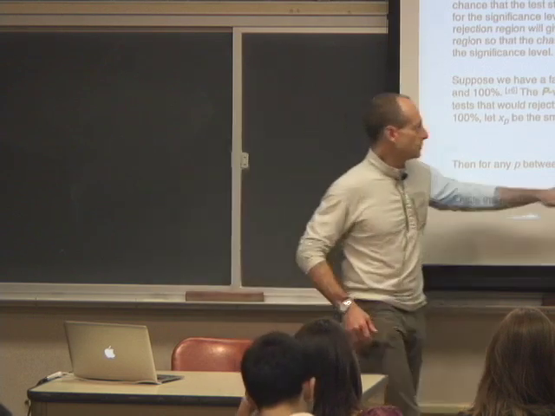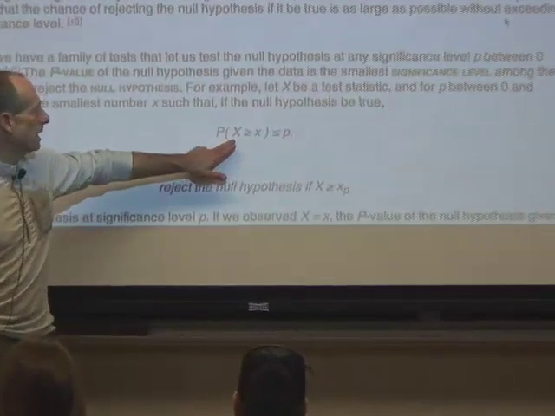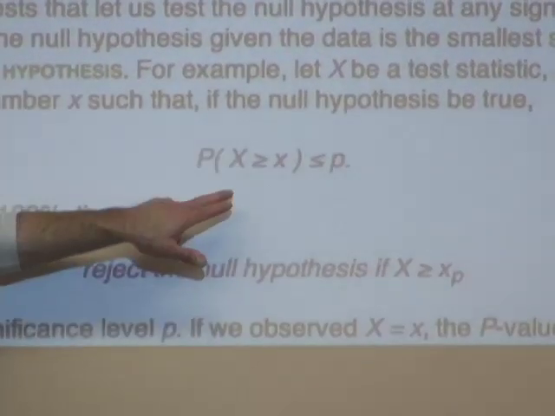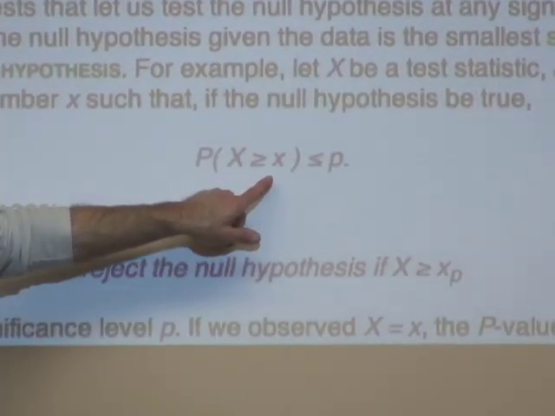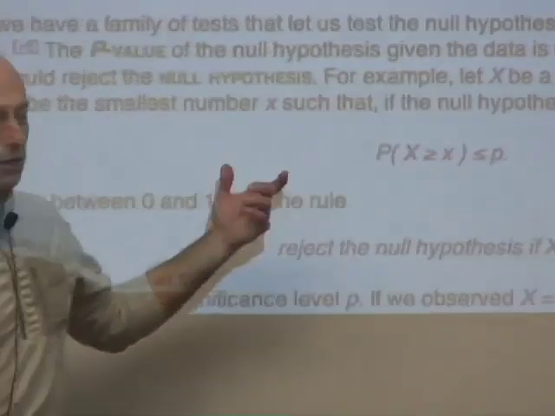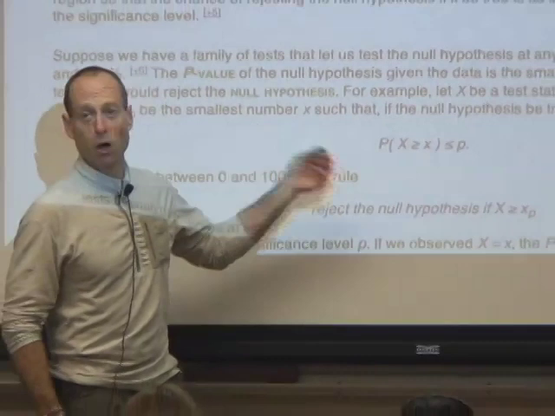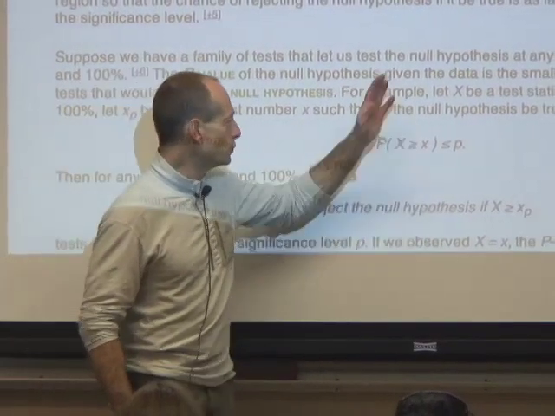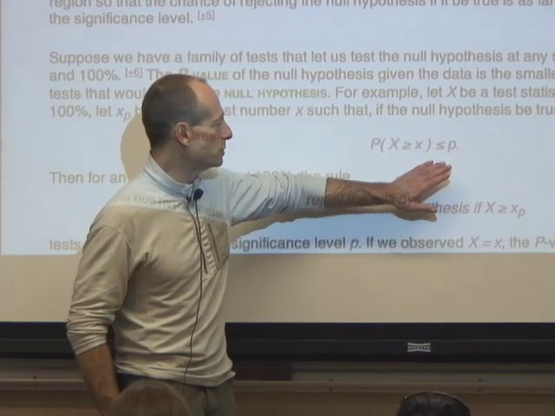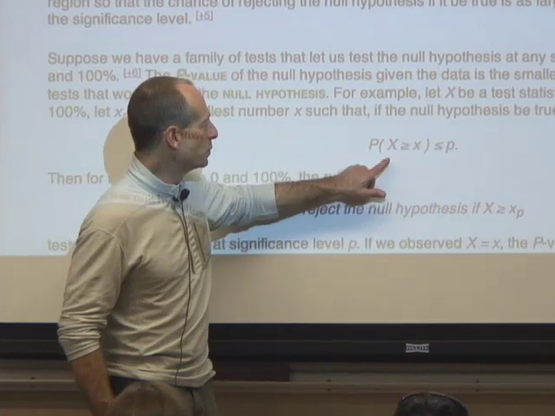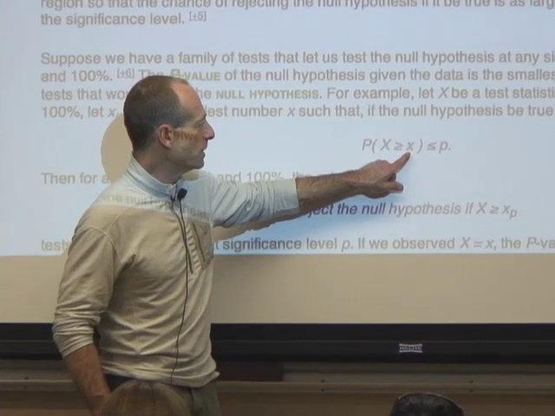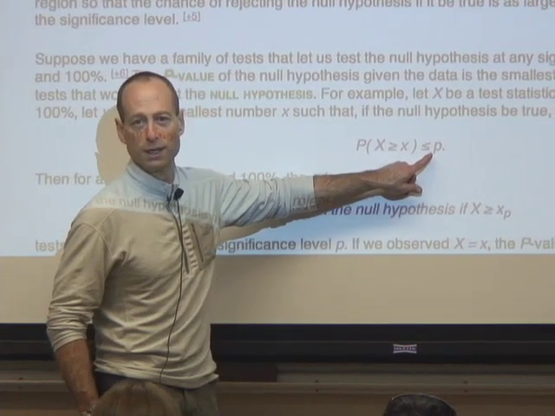All right. So x here is the thing we're looking at to decide whether to reject the null hypothesis. This is our statistic, the thing we're computing from data. We're comparing that to some threshold. And if we want the chance that we erroneously reject the null when the null is true to be small, then we would assume the null is true, and suppose we want to limit the chance that we incorrectly reject the null when the null is true to be at most p, then we would try to find the threshold so that if the null is true, the chance that that statistic is bigger than this threshold is no bigger than p.